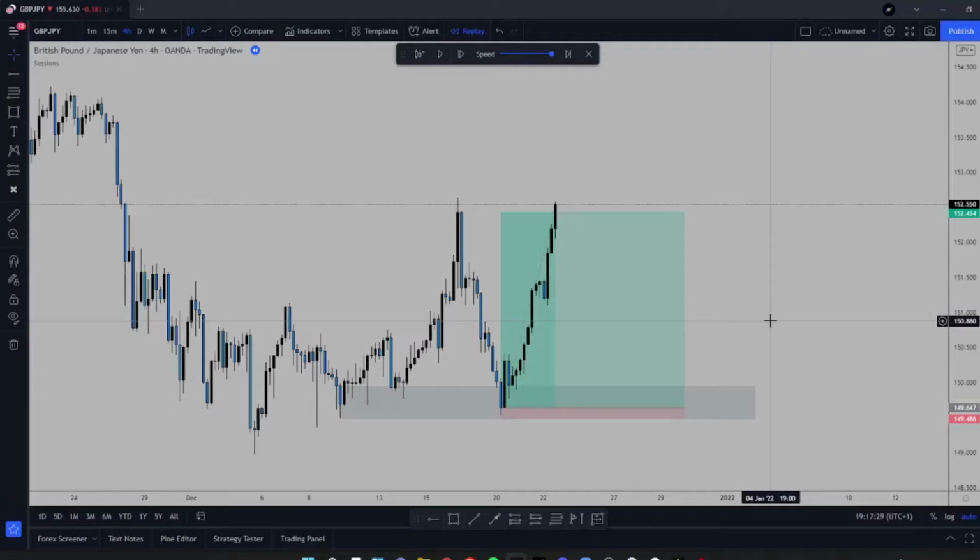Obviously, you need to understand where we are in the monthly time frame, how strong each 4-hour zone is, because that is going to have an impact on the target, how much you can target, how many pips, and all that, which is definitely something that comes with time and understanding your pair, understanding the market, understanding the timing, London, New York, all that stuff. So all combined, our trading system is pretty simple.